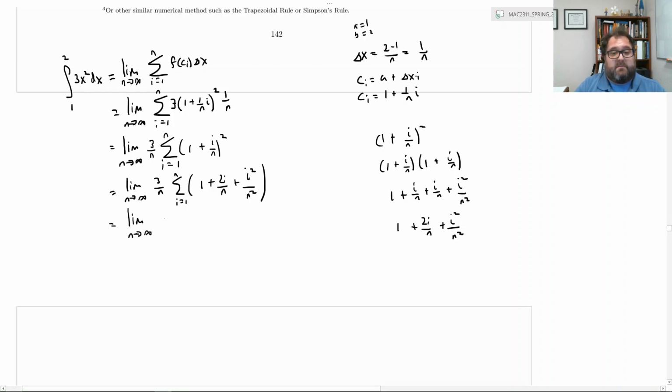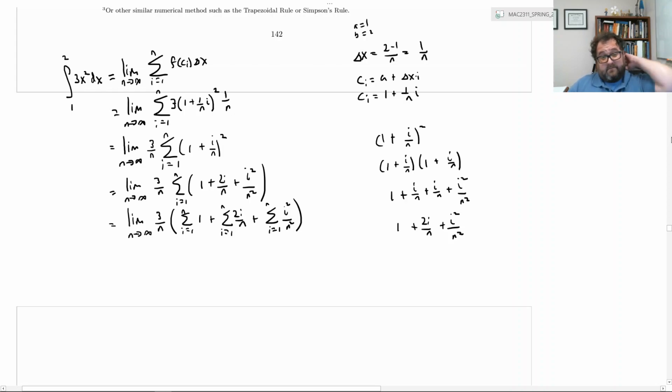So to take those summations individually, I still have a 3 over n out front, open some parentheses, sum from i equals 1 to n of 1, plus the sum from i equals 1 to n of 2i over n, plus the sum from i equals 1 to n of i squared over n squared.